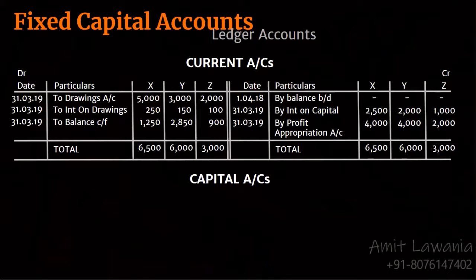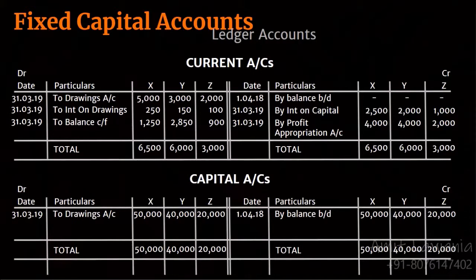Remember well that no entries are made in the capital accounts in this method. So the opening balance remains the closing balance. The method followed is the fixed capital method, and accordingly the amounts in the capital accounts remain fixed.